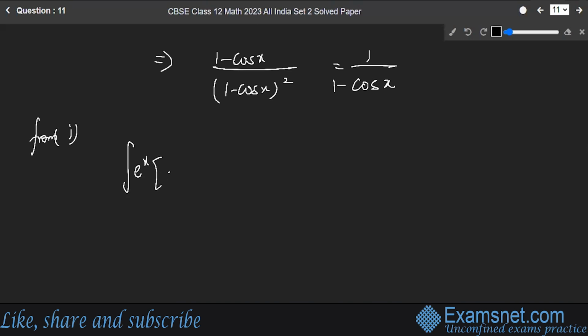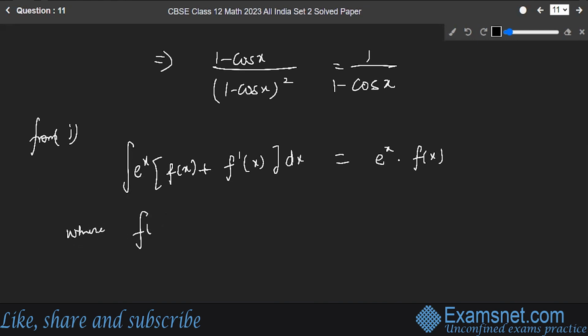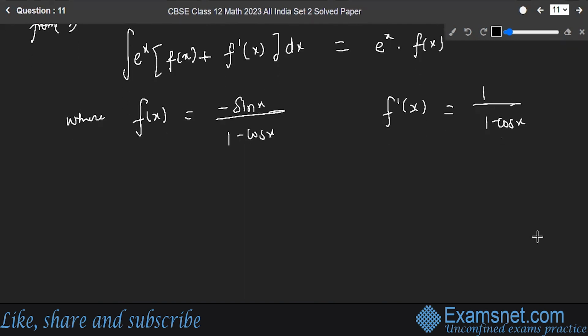Integral of e raised to power x [f(x) plus f dash x] dx. This is equal to e raised to power x into f(x), right? Where f(x) is equal to this and f dash x is equal to this, right?